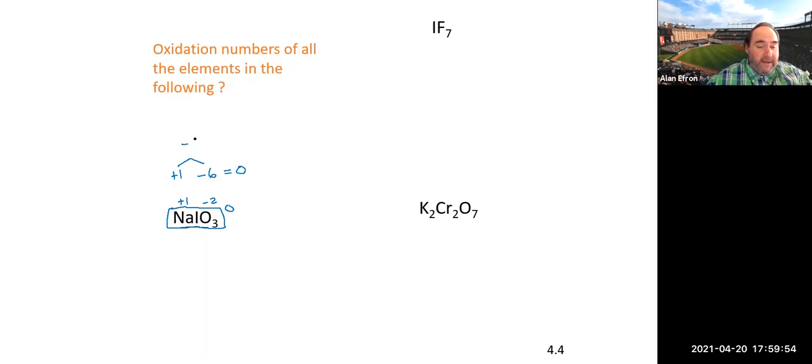That gives us a -5 overall. That means to balance it out here, the iodine would be carrying a +5 charge. So our sodium would be +1, our iodine would be +5, and our oxygen here again would be -2. Any questions on that there?